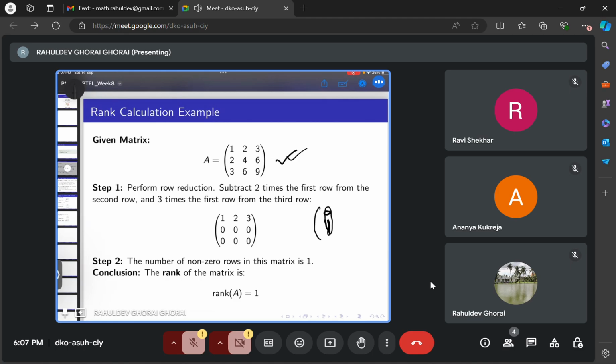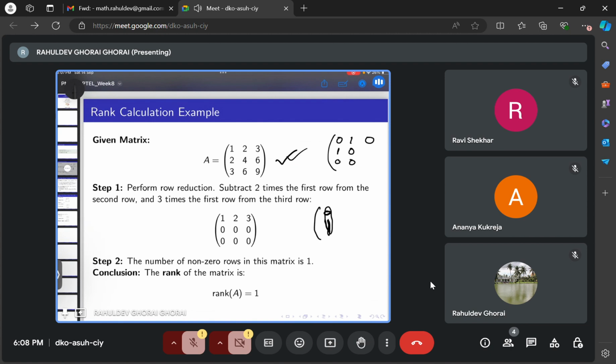Suppose you have 0 1 0: the first non-zero element in this row is 1. So in that column, the other elements below it would be 0. You have to make sure that when one non-zero element is there, all the elements below it in that column will be 0.